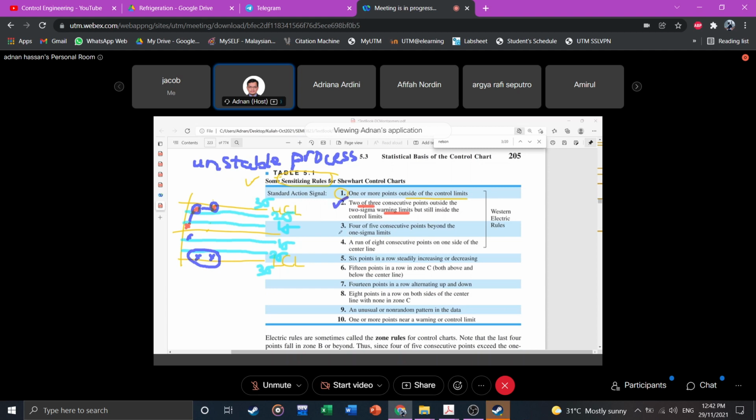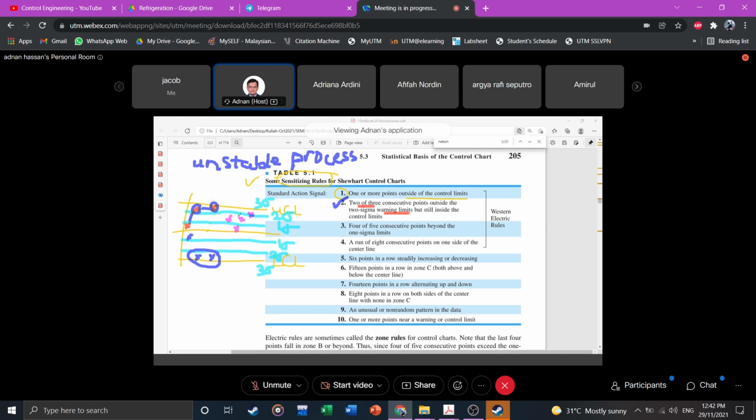Rule number 3 says 4 of 5 consecutive points beyond 1 sigma. So we have 1 sigma here. Out of 5 points, let's say I change the color here. You have 1, you may have another point here, you have this point, this point.